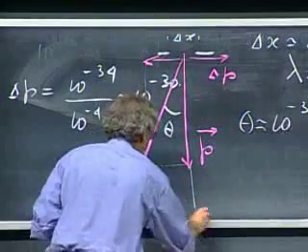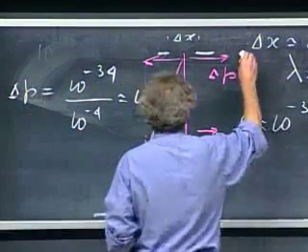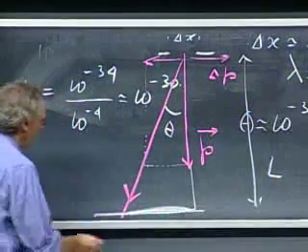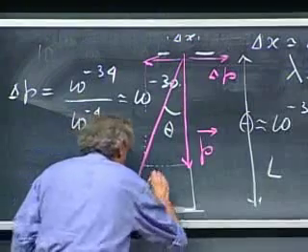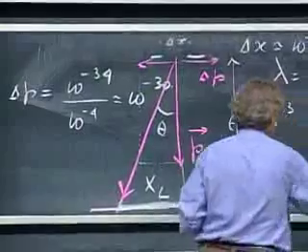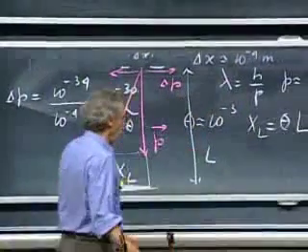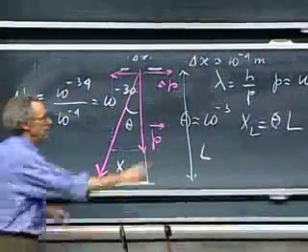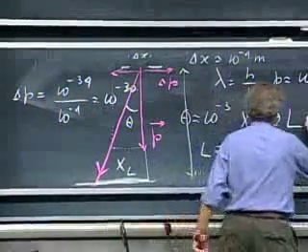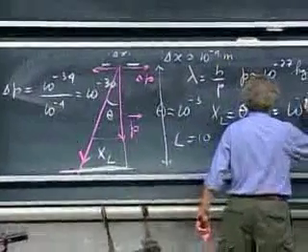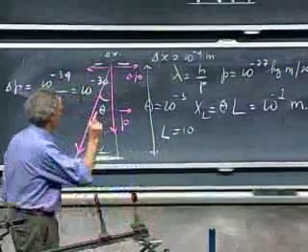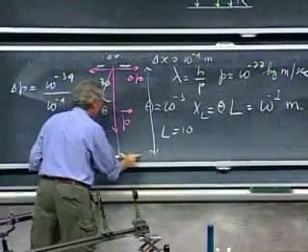And if this distance here is L, if you have here a screen, then the spot on this screen, if I call that x at location L, then x at location L is obviously theta times L. And if theta is 10 to the minus 3, and let's assume this is about 10 meters away from us, so L is about 10 meters, then you get 10 to the minus 2 meters. That is 1 centimeter. 1 centimeter in this direction and 1 centimeter in that direction.